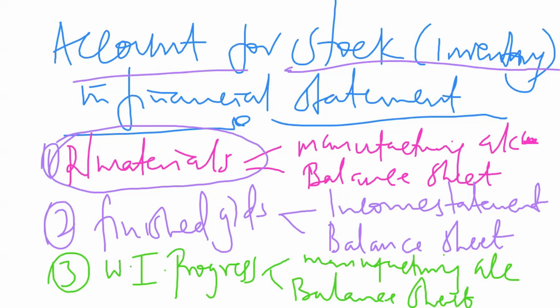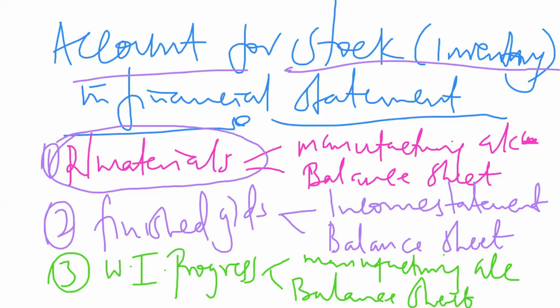Then number two, we said that this is already stock or inventory, and we have to know the valuation of our stock because stock is affecting the income statement, the balance sheet, and even the manufacturing accounts. So there is no way we are going to incorporate inventory in our financial statements if we don't know the monetary values.